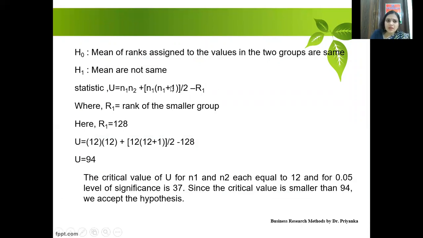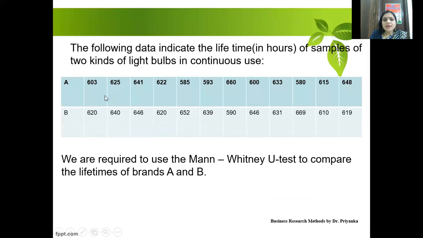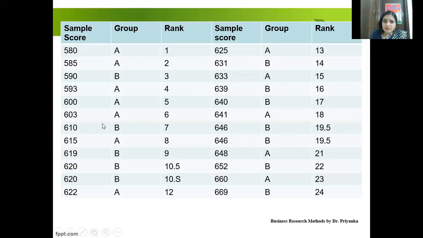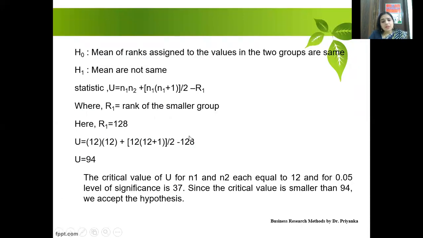N1 and N2 are the numbers of observations in group 1 and group 2, for example brand A and brand B. R1 here was 128, so we calculate U. We had taken both brands in equal numbers, 12 bulbs of brand A and 12 bulbs of brand B, so N1 and N2 are the same, and the test statistic value is 94.